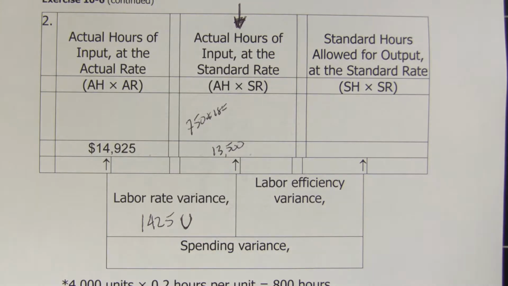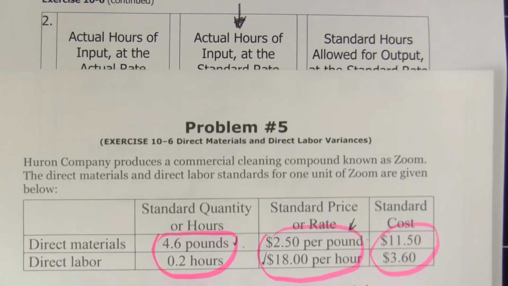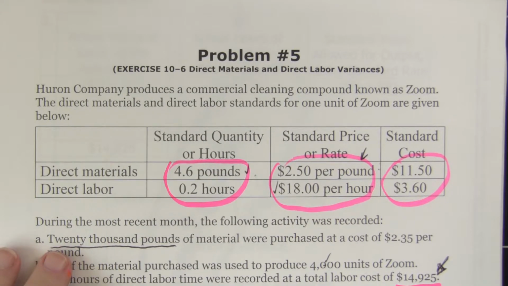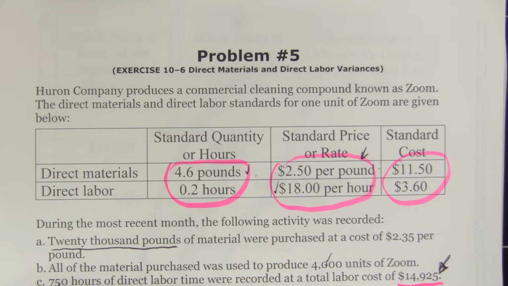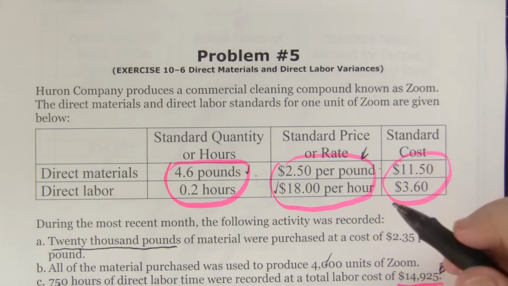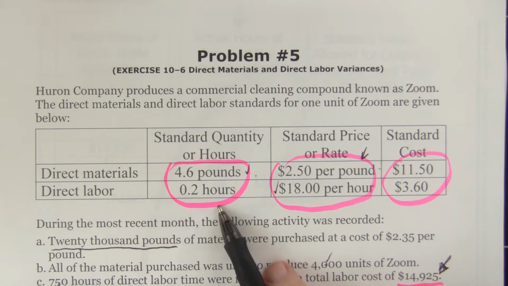She's $1,425 worth of unhappy. Now we're going to look at the standard hours at the standard rate, and they give us both of those. They have to. We're told the standard hours are 0.2 of an hour per unit.